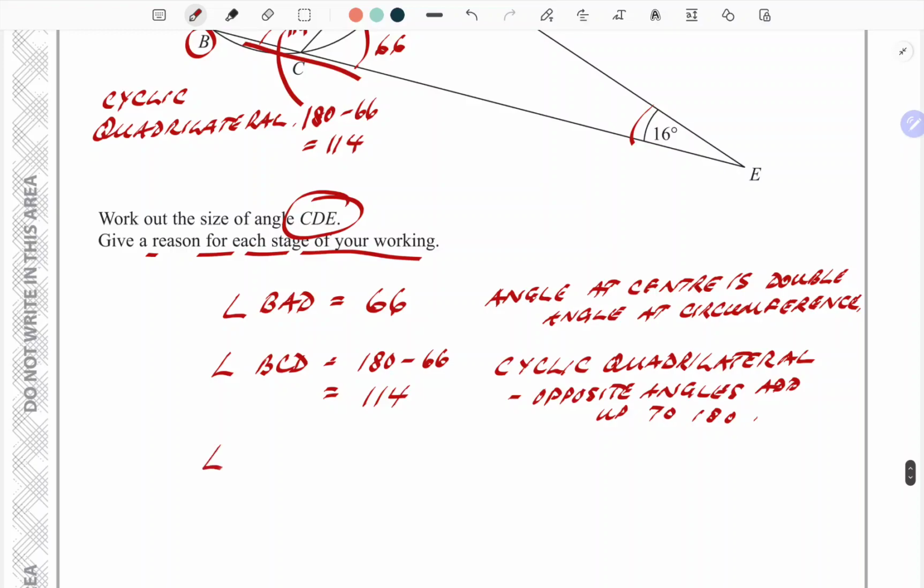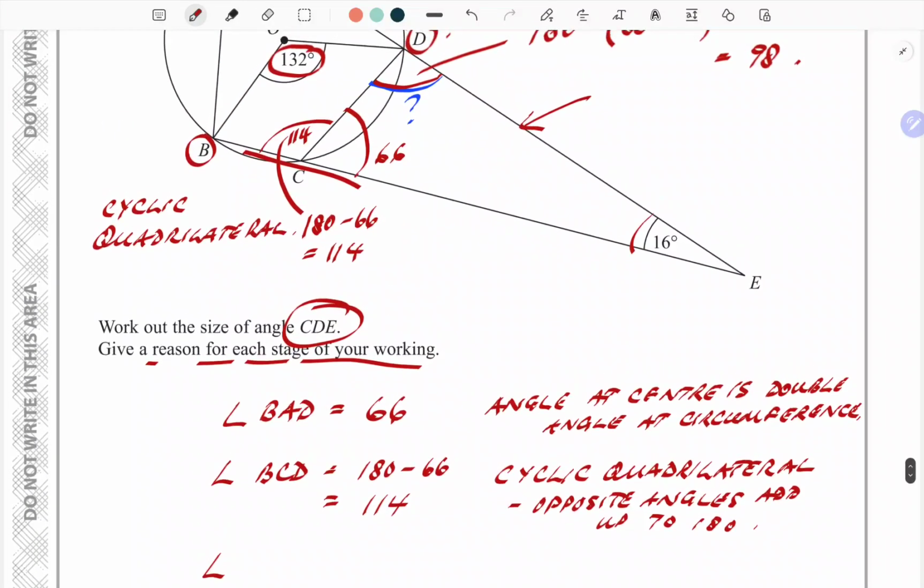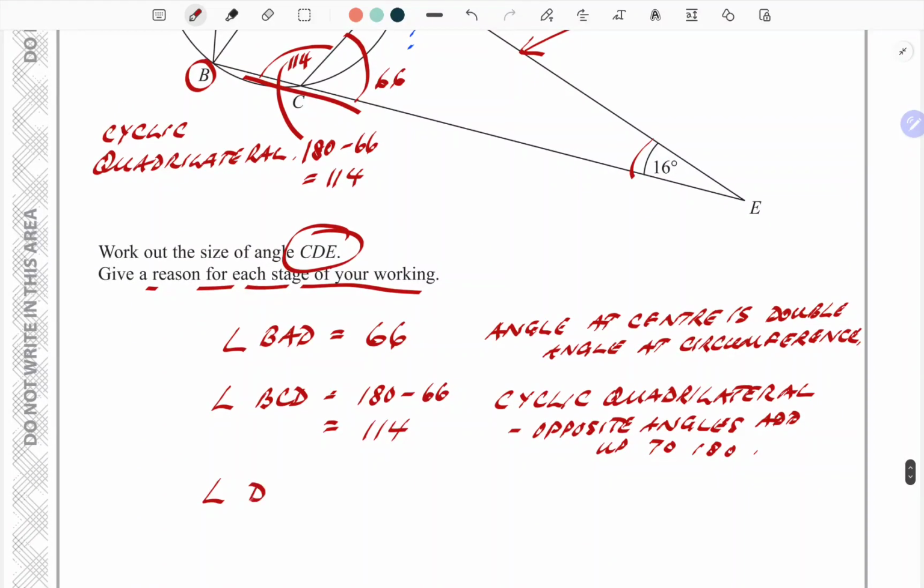Then you've got angle DCE equals 66. Angles on a straight line.